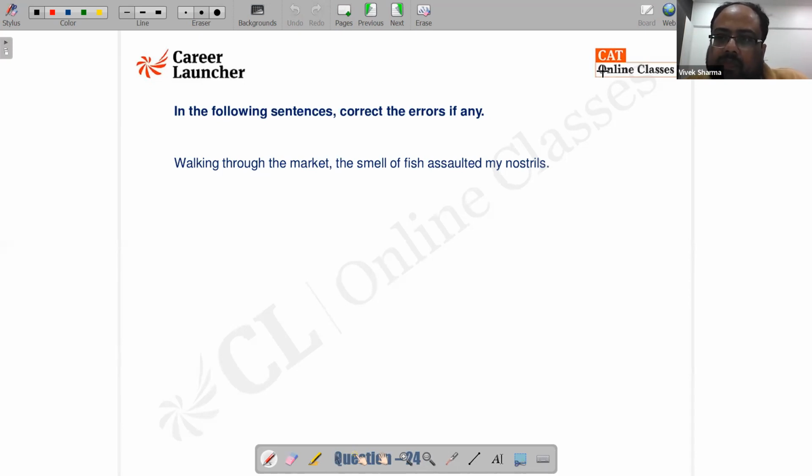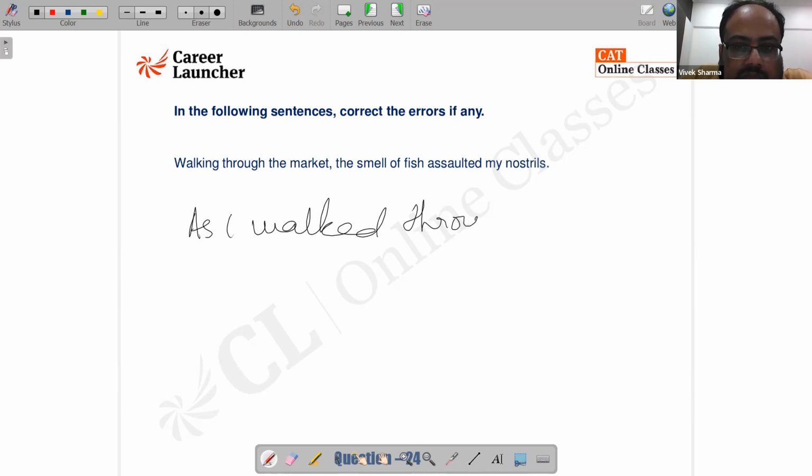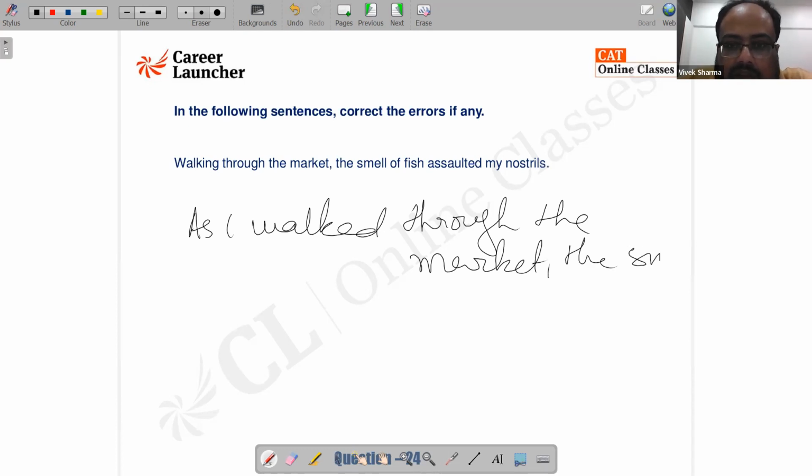Anubi, correct. Ritika, correct. Tanya, that again would be a dangling modifier because what is given after the comma would not be walking through the market. And that again would be a dangling modifier. I can say, as I walked through the market, the smell of fish assaulted my nostrils.